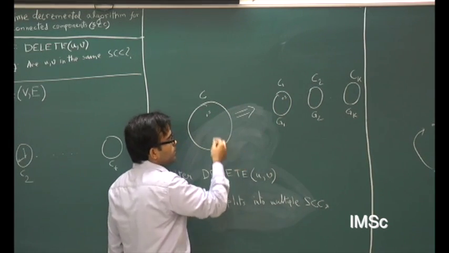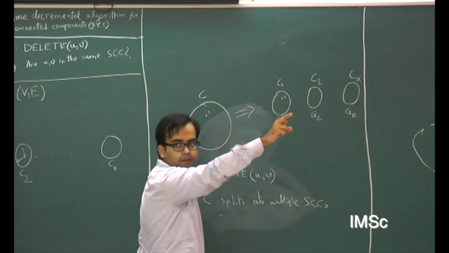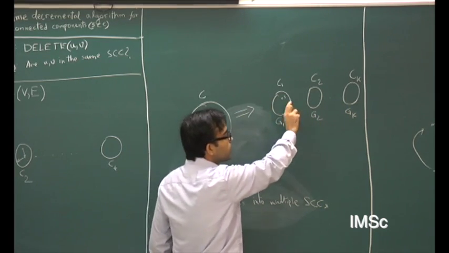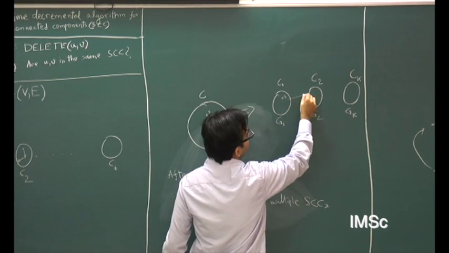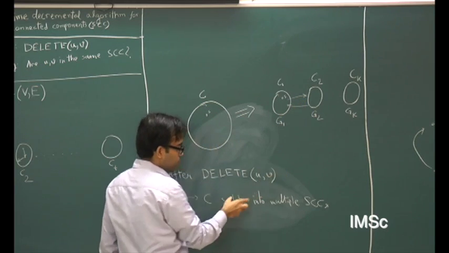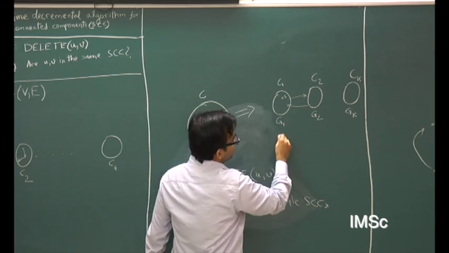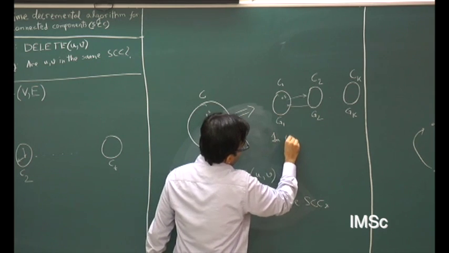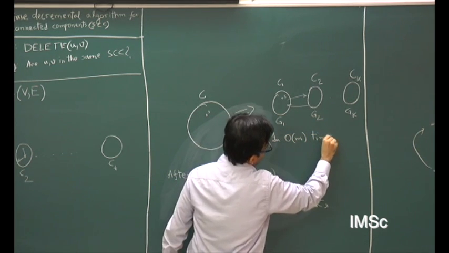This can be done, because you can find out this splitting in O of m time and then just go through all the edges, and whenever you see an edge going out of it or coming into it, you just delete it from these 2 BFS trees. Okay. So, in order of m time, what can we figure out?